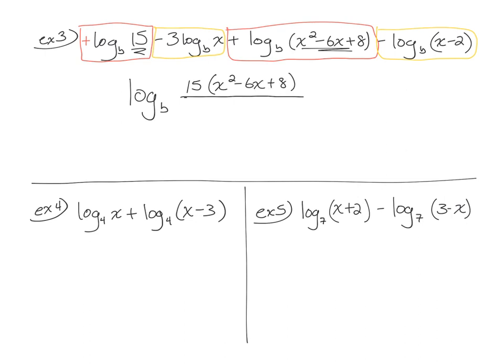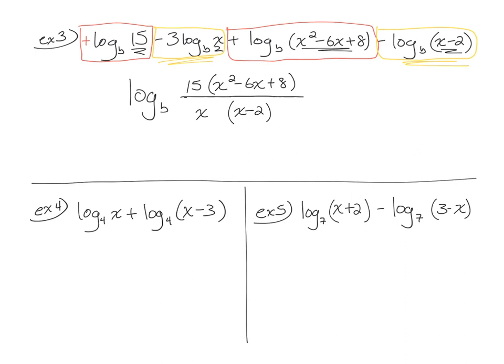Sweet. Any log with a negative in front of it, highlighted by the yellow boxes here, will have their arguments be multiplied in the denominator of a fraction. So here we will have x, there it is, and here we will have x minus 2.